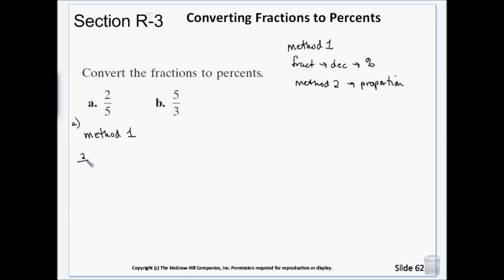So 2/5. To turn this into a decimal, I'm going to go 5 into 2, and that's 2.0. 5 goes into 20 4 times, so this is 0.4. To go from 0.4 to my percent, I will move 2 places, and this will give me 40%.